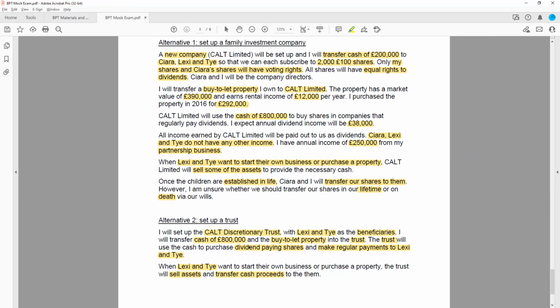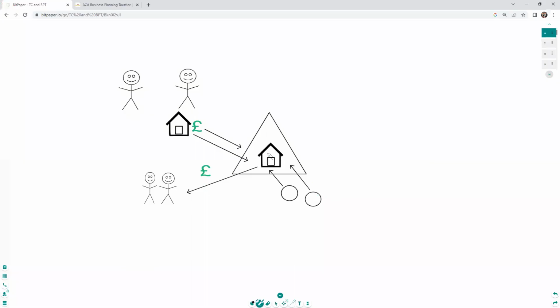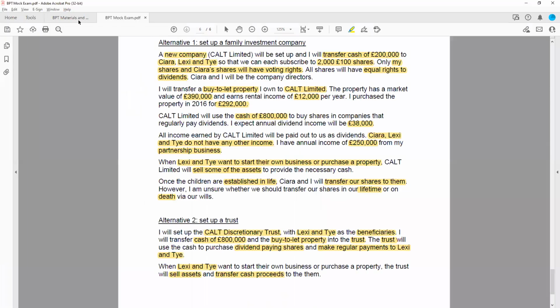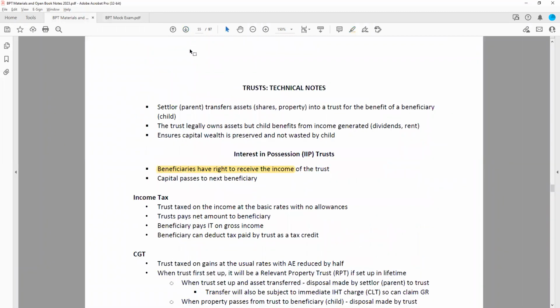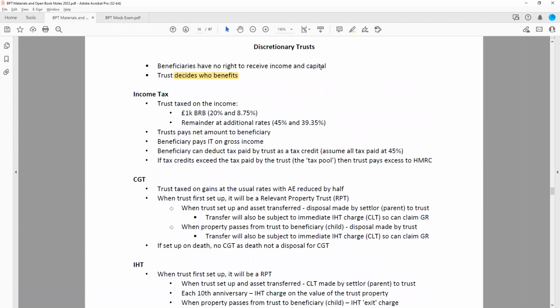So the trust will use the cash to purchase dividend-paying shares and make regular payments to Lexi and Ty. So as we've said, the trust is going to have rental income, and the trust is also going to have dividend income as well. So we can think about how the trust is taxed. So the trust will pay income tax. This is a discretionary trust, so it will pay tax on the income. So it's got a £1,000 basic rate band, but the rest are additional rates.